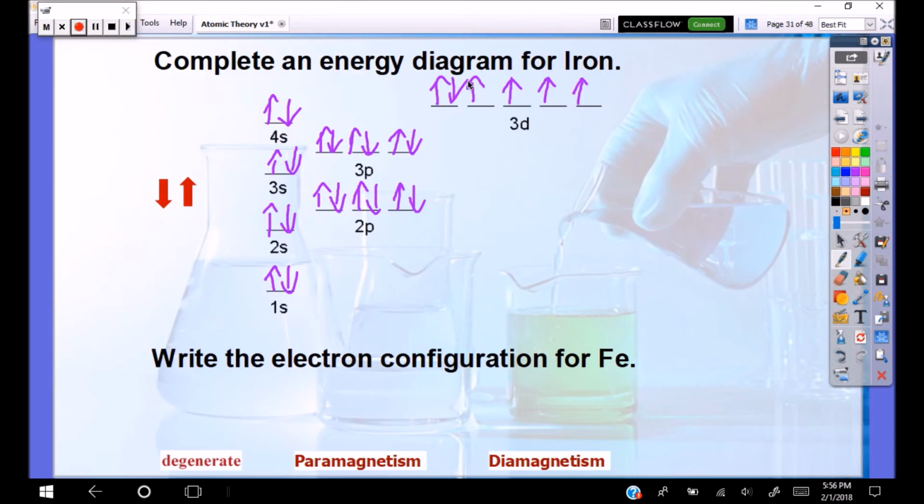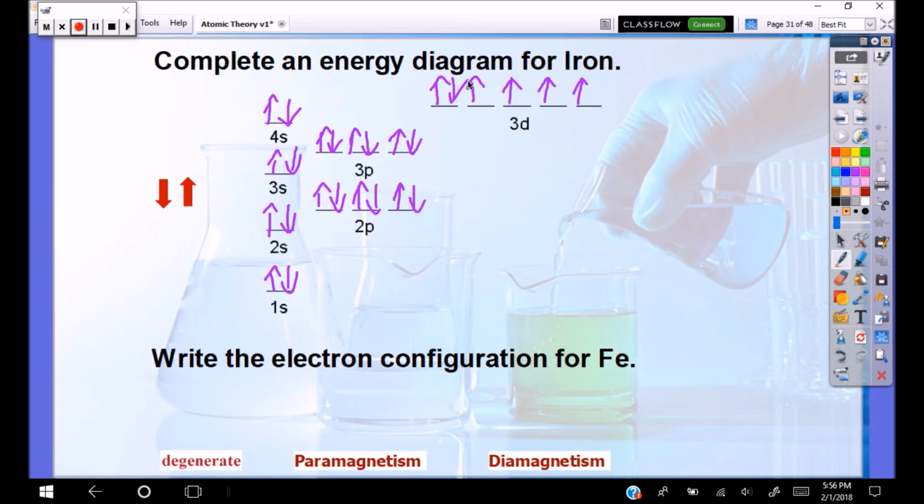Okay. While I'm on the topic of that rearrangement, before I forget, sometimes that 3d rearranges with the 4s, and that actually can contribute to the number of valence electrons that a transition metal element wants to give away. That also helps explain why we have multiple charges for our transition metals.